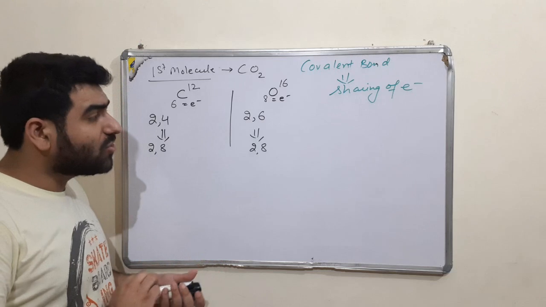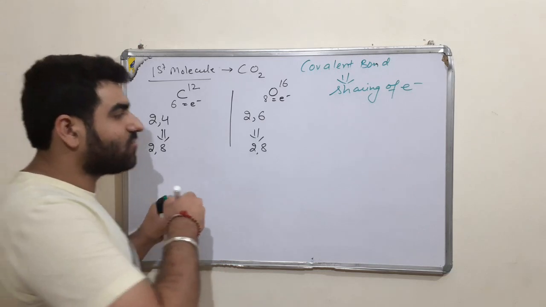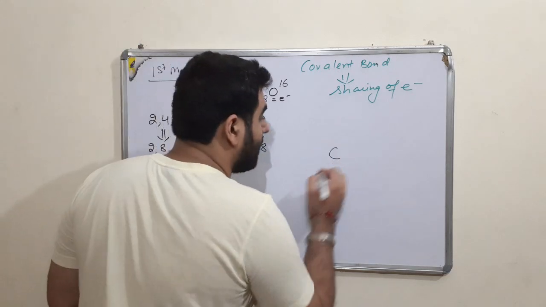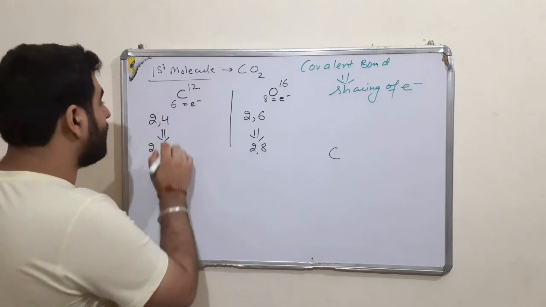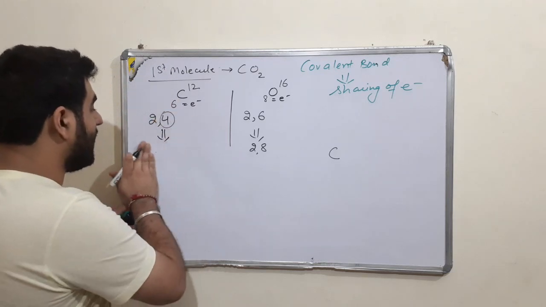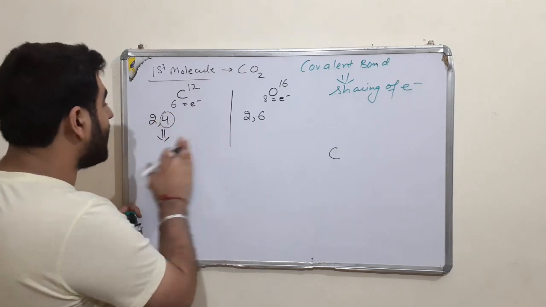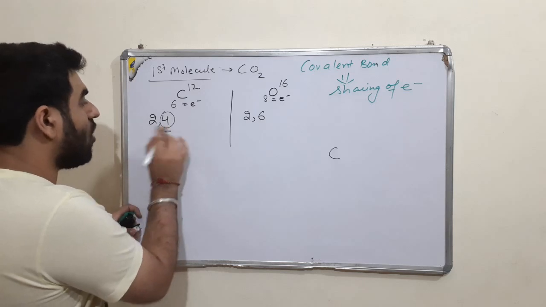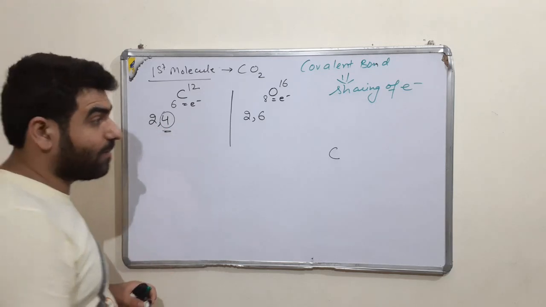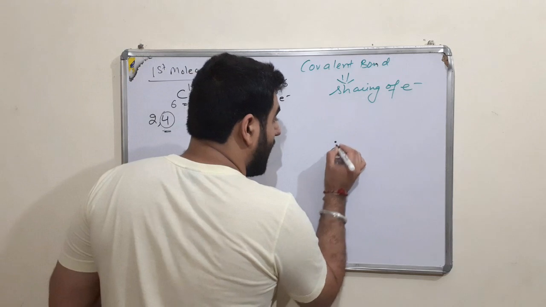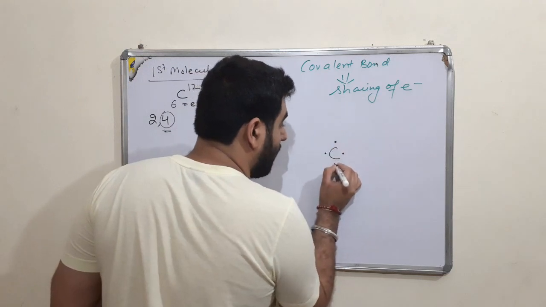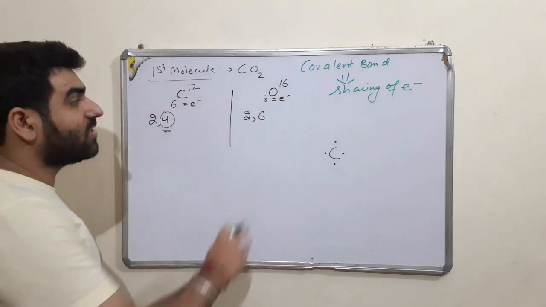Alright, let us straight away make the structure. This is carbon. In the Lewis dot structure we are concerned with the valence electrons. How many valence electrons are there? 4. So 1, 2, 3, 4, one around each of the corners.